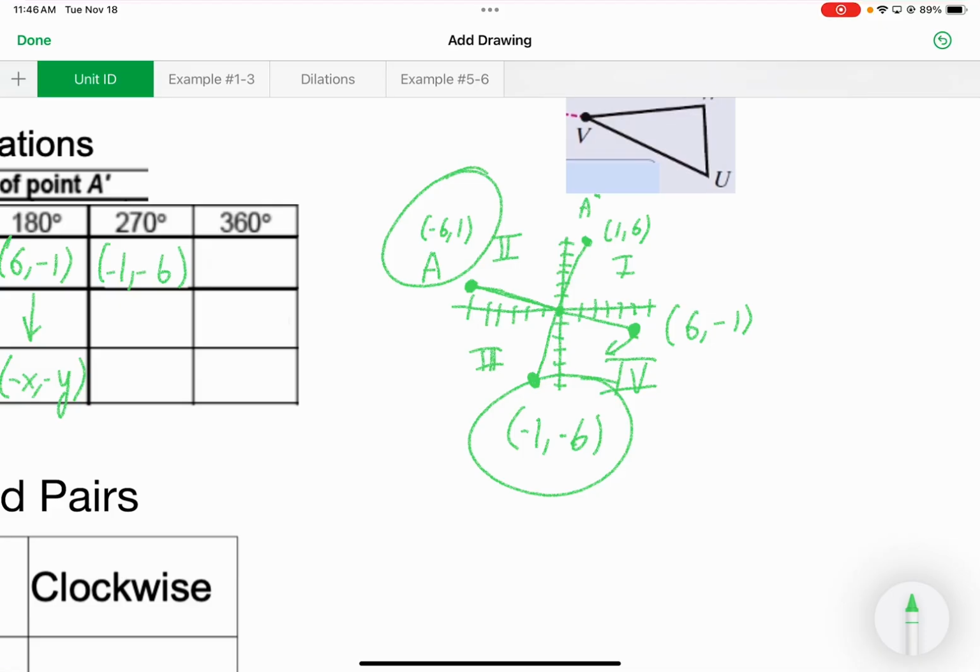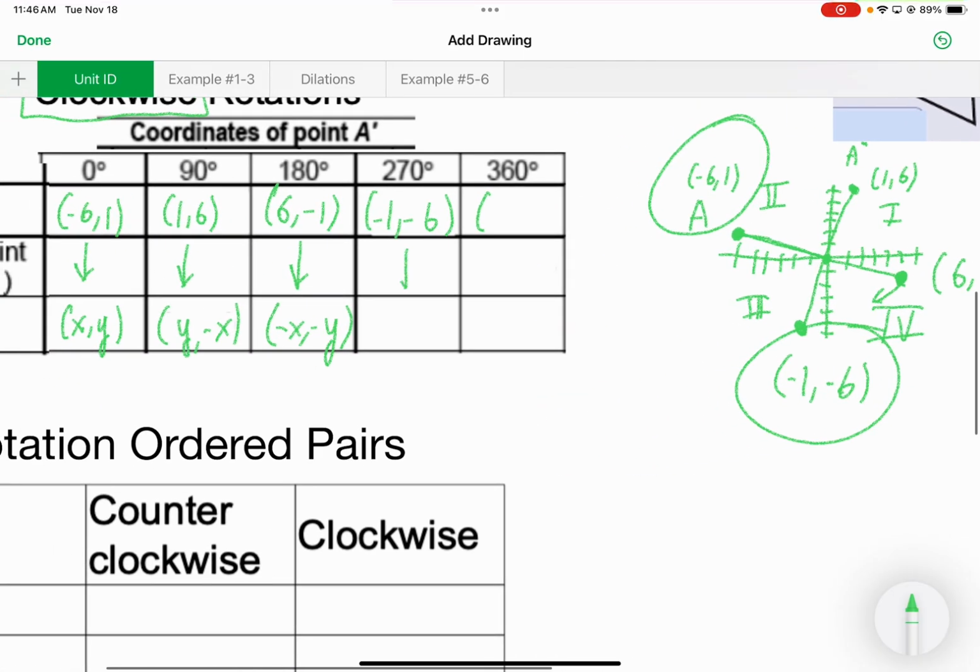The coordinates swapped, and then you change the sign. It wouldn't be the original x value, but it's the original y value that changed. So it's the sign of this one that lands in the first spot. So that coordinate point is going to swap and then change the sign of the one that lands in the first spot.